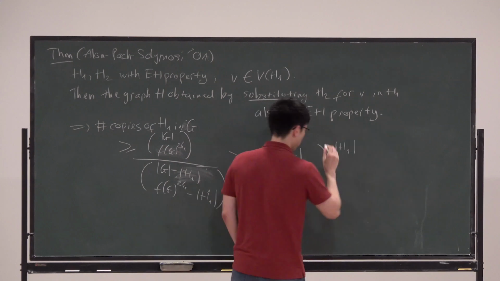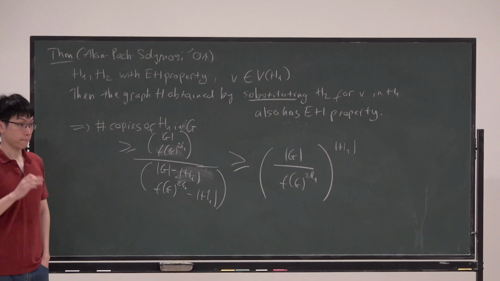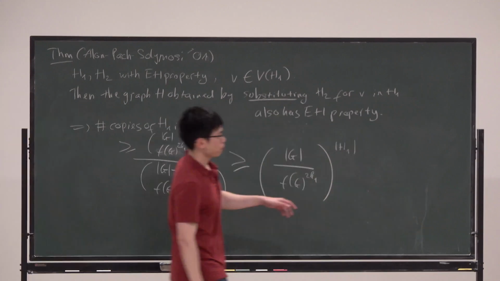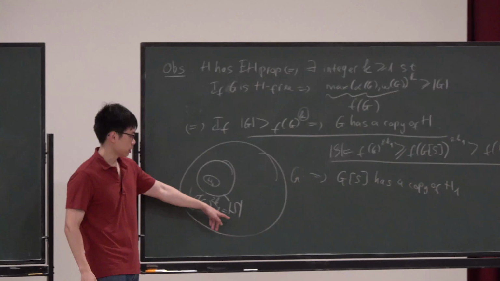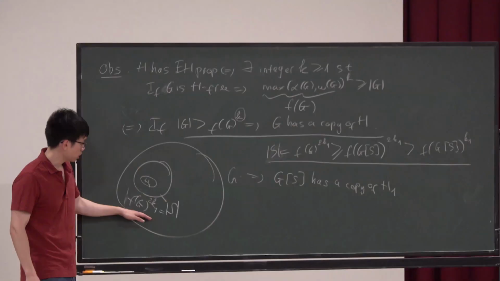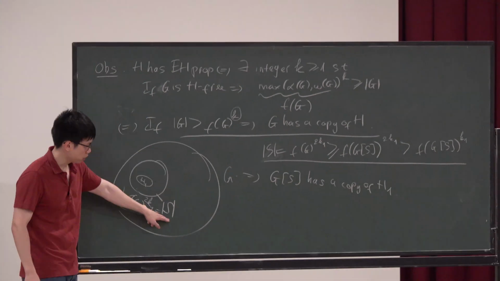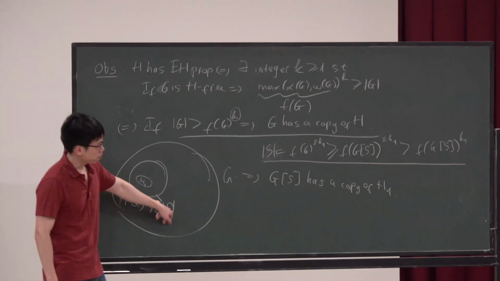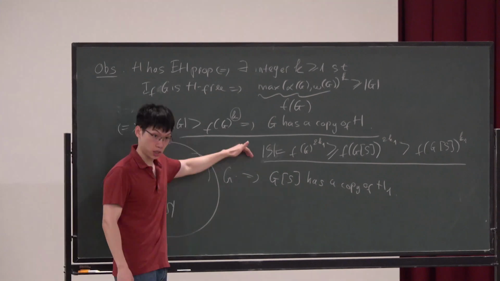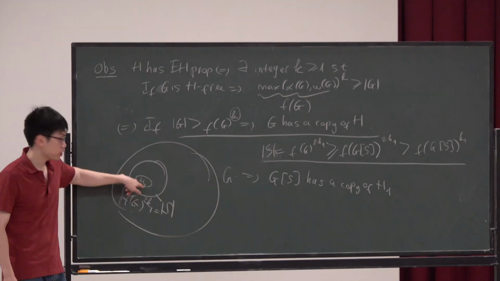Right? Could you explain a bit about the double counting again? Okay, yeah. So here you take any vertex subset S of this size, right? If you look at the subgraph of G induced on this subset, then by this chain of inequalities, by the definition of K1, you're going to see a copy of H1 inside this induced subgraph.